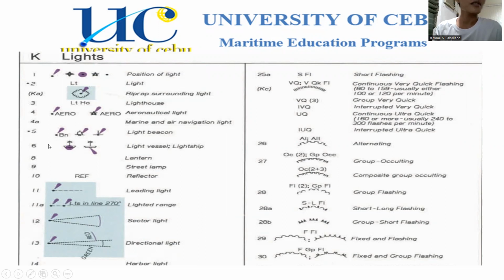These symbols can be seen in the electronic chart, and they represent lights you will see in actual navigation, such as a flashing light.